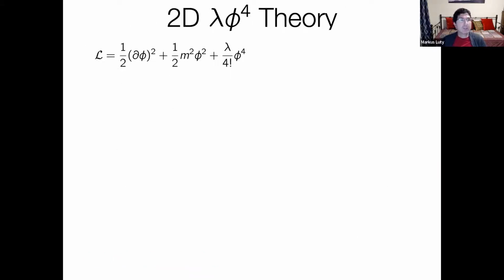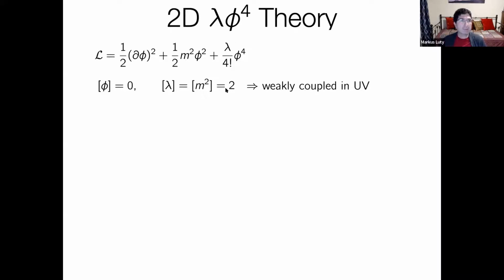Okay, so let's do this in an example theory. It's really helpful, I think, to develop this in the context of a specific example. So we're going to do 2D phi-4 theory. It's the theory we all know and love. Since you're probably not living your life in 2 dimensions, I'm going to remind you that the scalar field is actually dimensionless in this case, and the phi-4 coupling has mass dimension 2.